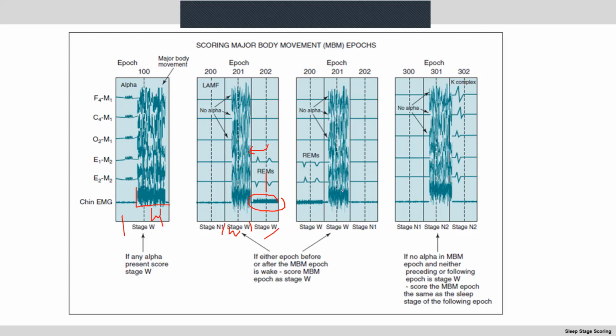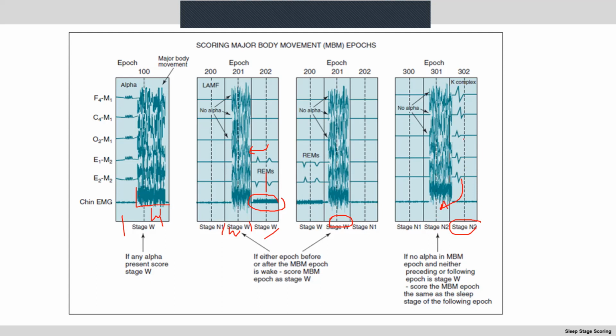Okay. If followed by wake, again we have to mark it as wake stage. If major body movement is there and the preceding epoch has wake stage, no alpha is there but wake stage is there, then again we have to mark that epoch as wake stage. In case stage N1 is there but followed by stage N2, and no alpha, then according to how the following epoch looks, we have to mark it.